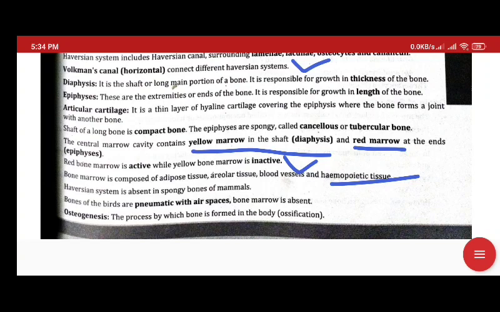The Haversian system is absent in the spongy bone of mammals, because it is only present in compact bone.